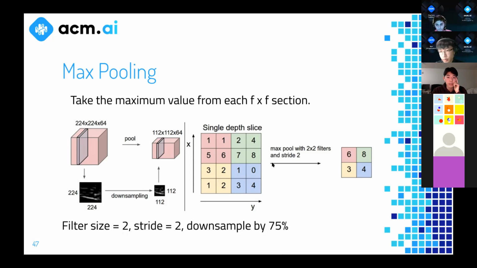When we take a max pool, we're just taking the maximum value from that particular portion. So in the red portion, it's going to be 6. In the green portion, we look at 2, 4, 7, 8. We see 8 is the biggest, so we're putting 8. Similarly, we have 3 here and then 4 for the blue part. So we're downsampling the data we're using by 75% just by this operation.